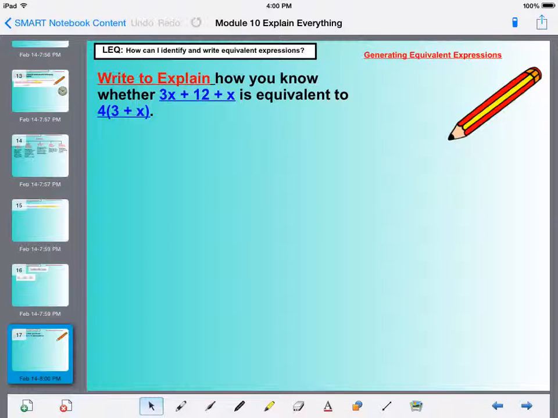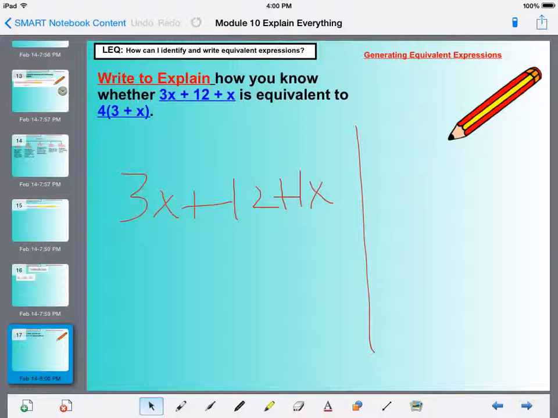I also asked you guys to write to explain how you know whether 3x plus 12 plus x is equivalent to 4 times (3 plus x). Now the first thing that I want to do is take this 3x plus 12 plus x and put it in this column. And I told you guys that whenever you see a lonely little x like that, make sure that you put a 1 in front of it, because a single x just really means 1x.